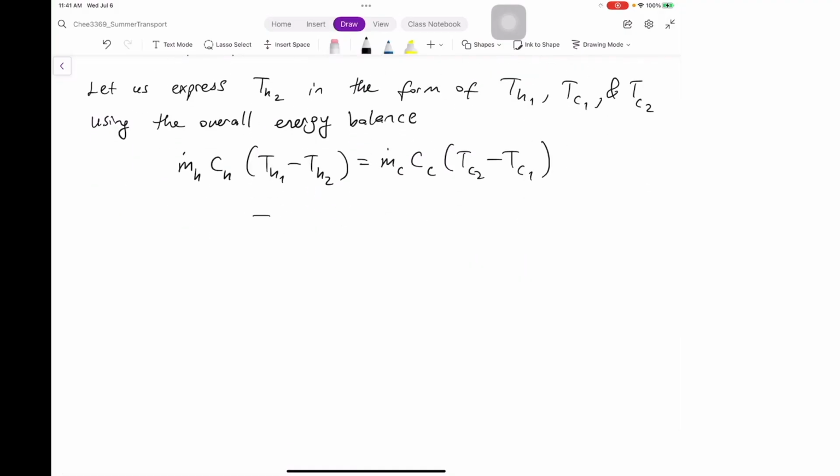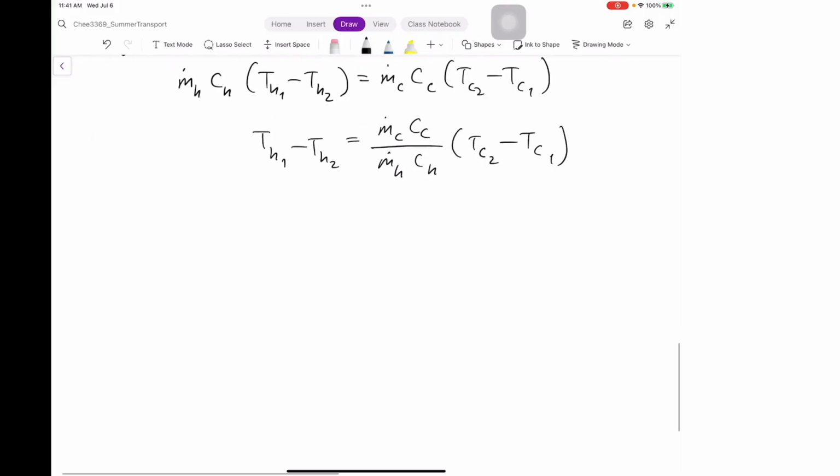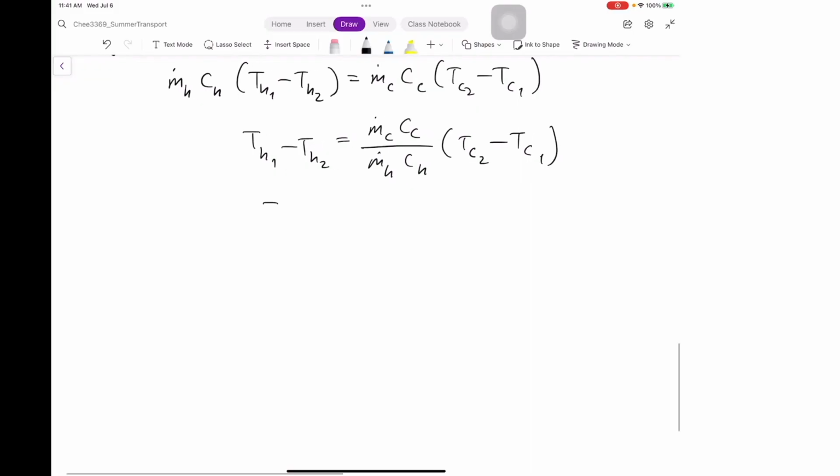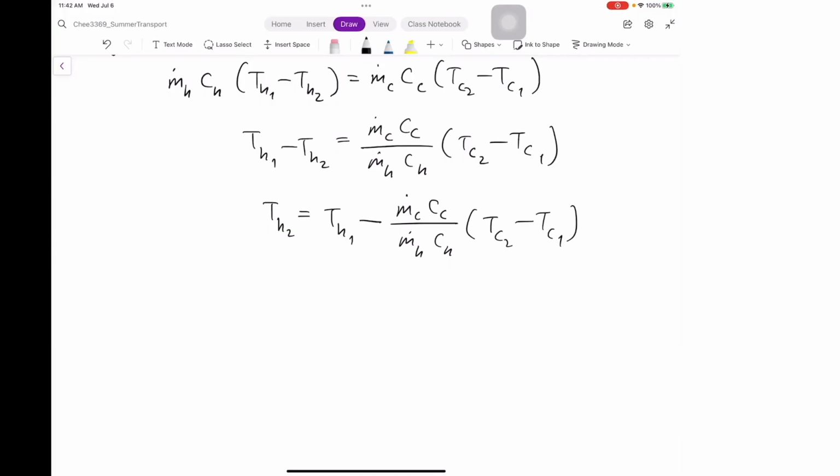And from here, you would find that T_hot1 − T_hot2 can be written as m_c·C_c divided by m_hot·C_hot, (T_cold2 − T_cold1). And from here, you can solve for T_hot2: T_hot1 minus m_c·C_c divided by m_hot·C_hot, (T_C2 − T_C1). Right.